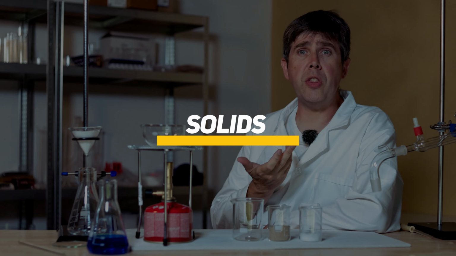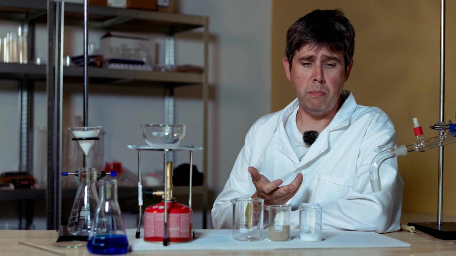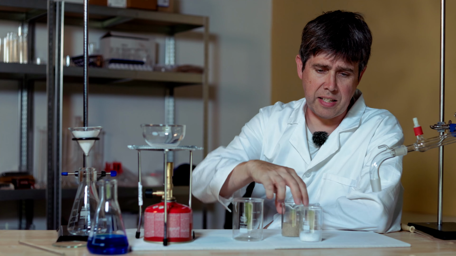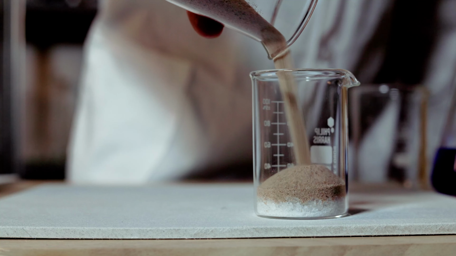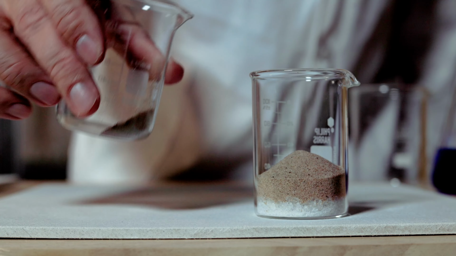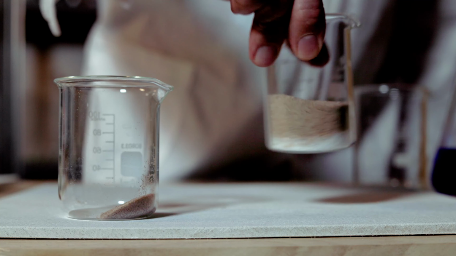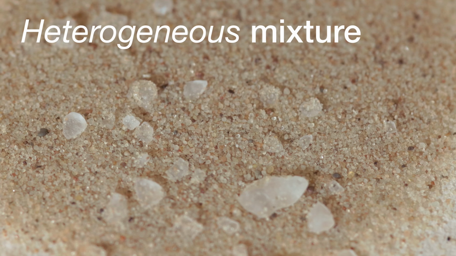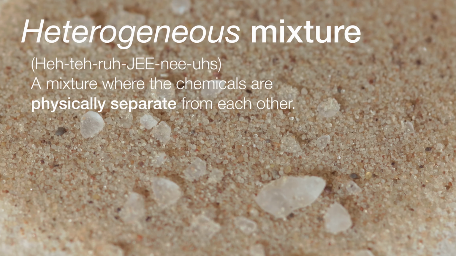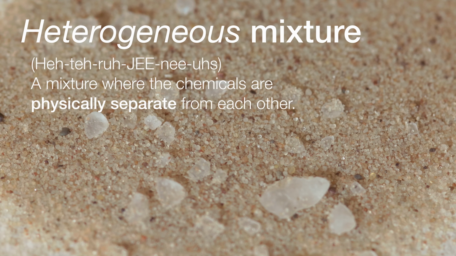We'll start with solids. We can have mixtures that are relatively easy to spot, such as mixing this sand with this salt. This is something we call a heterogeneous mixture, and it means that the chemicals are physically separate from each other.